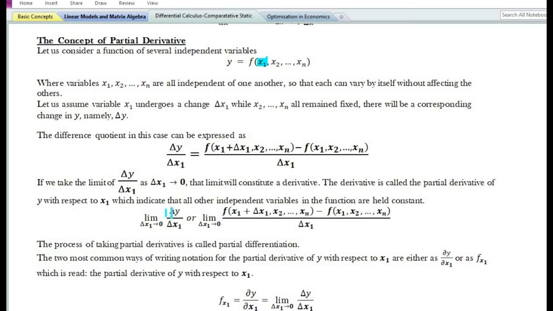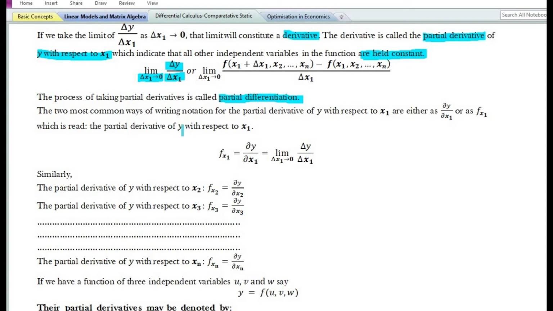If we take the limit of delta y by delta x1 as delta x1 tends to 0, the limit will constitute a derivative. The derivative is called the partial derivative of y with respect to x subscript 1, which indicates that all other independent variables in the function are held constant. The process of taking partial derivative is called partial differentiation.